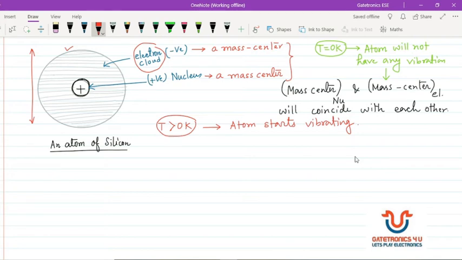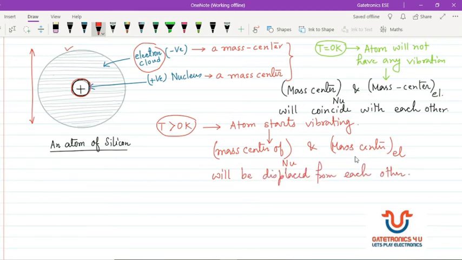So when it vibrates, the mass center of the nucleus and the mass center of the electron cloud will be displaced from each other, because the nucleus part has heavy mass and the electron part has a very low mass. The picture of the atom will look like this.